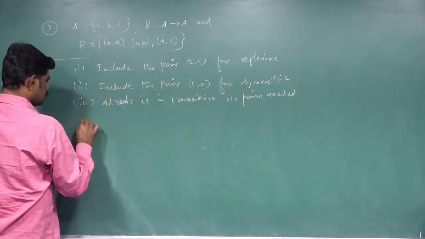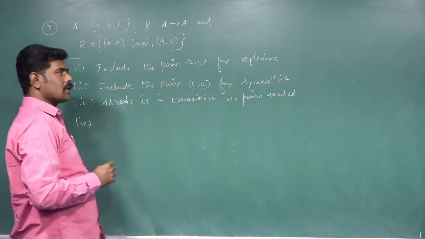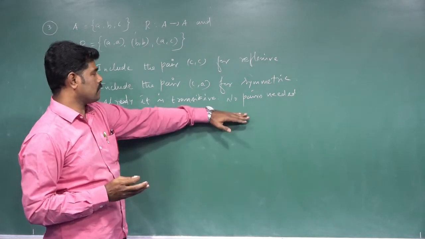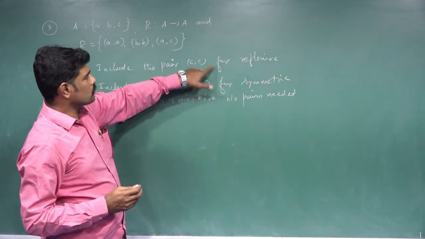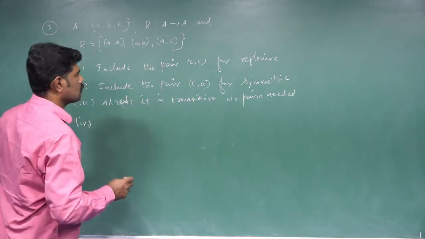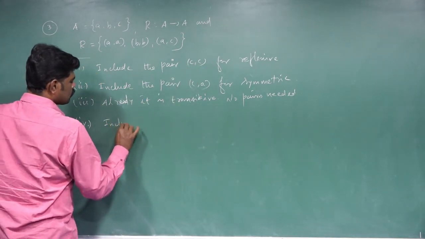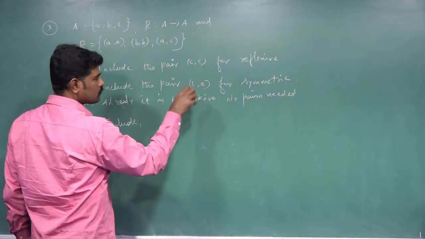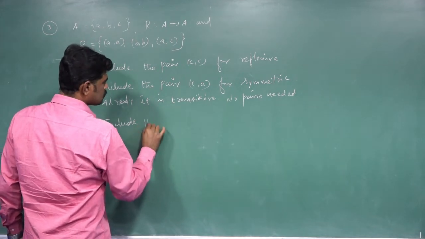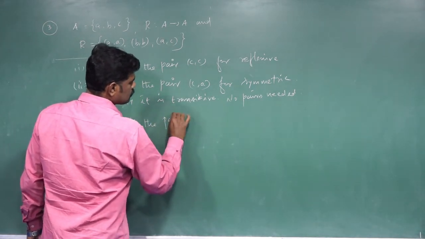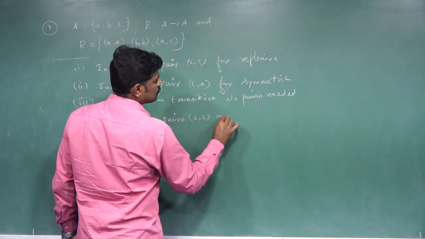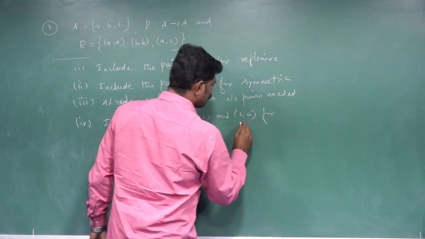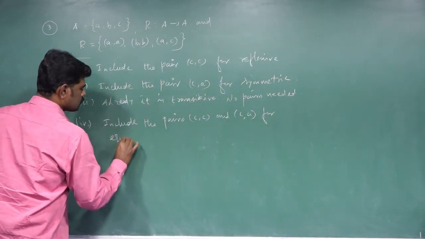Then for an equivalence relation, it must satisfy reflexive, symmetric, transitive. Here, transitive is satisfied, right? Then we should verify these two cases. So include this pair for reflexive and this pair for symmetric. So include the pairs (c,c) and (c,a) for equivalence.